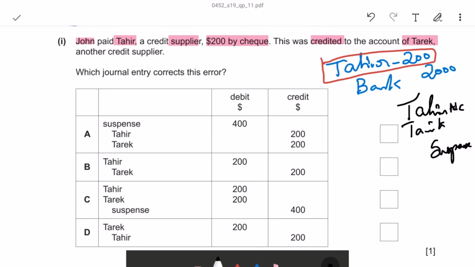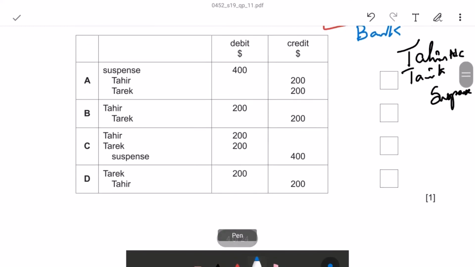So here two errors are corrected. 200 plus 200 will be 400. So Tahir account debit, Tariq account debit, and suspense account credit. What is the correct answer? Yes, the correct answer is C. We have entered Tahir correctly and we have removed Tariq, which we entered wrongly.